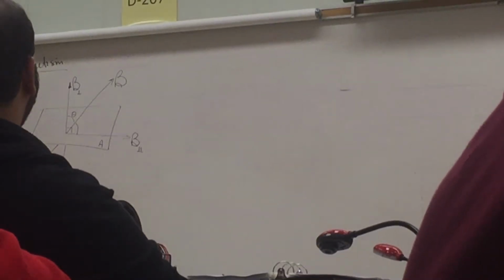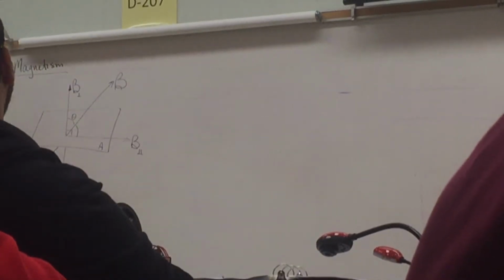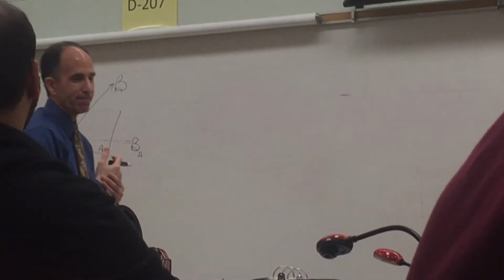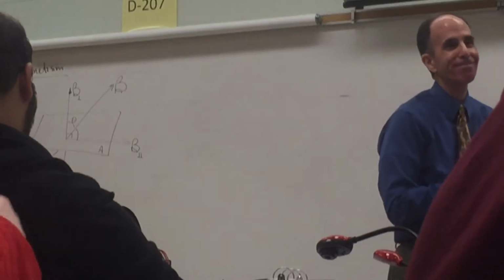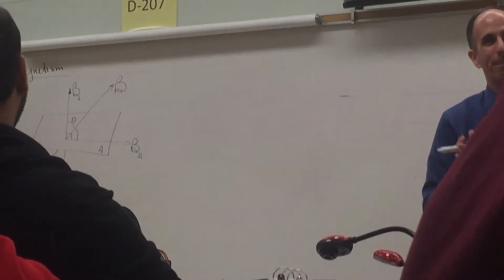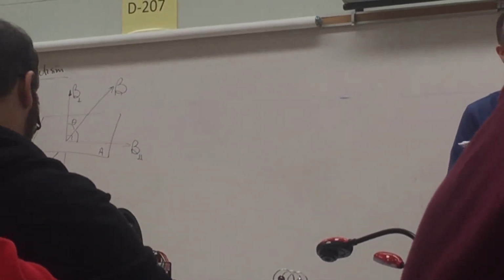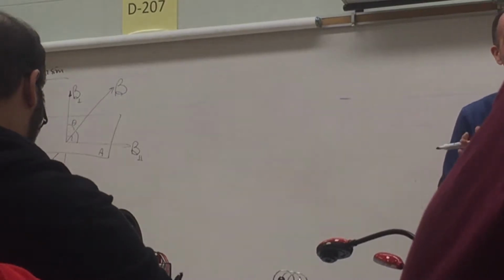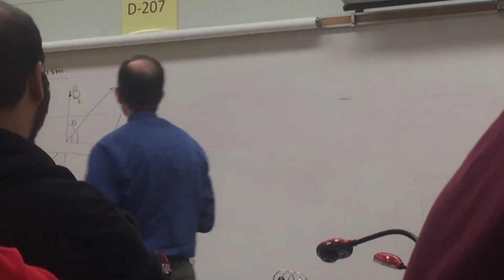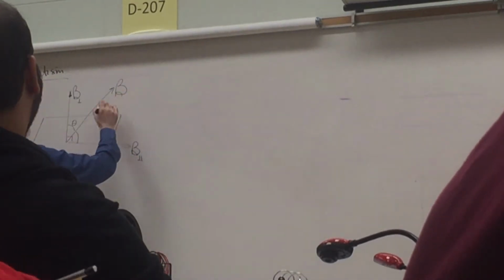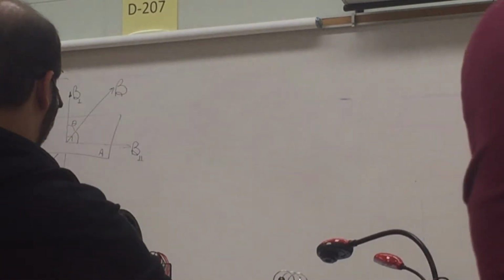So how do we define the magnetic field? Dot product? Yes. Actually, what we want to look at is here we have the magnetic field lines going through the area.